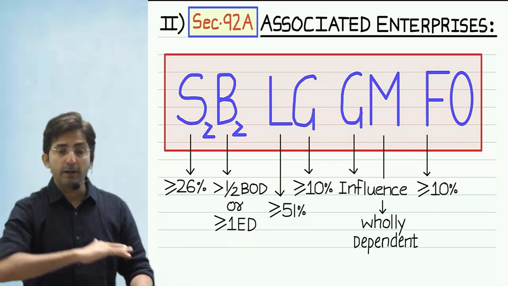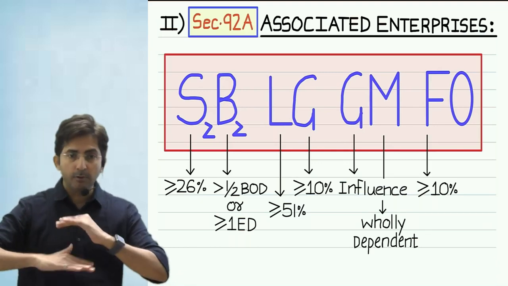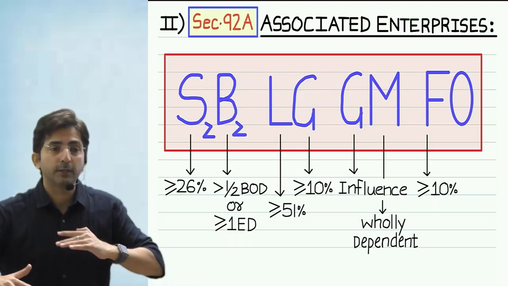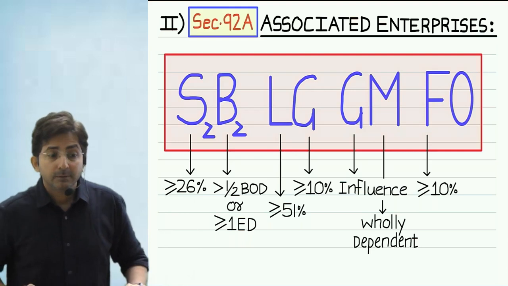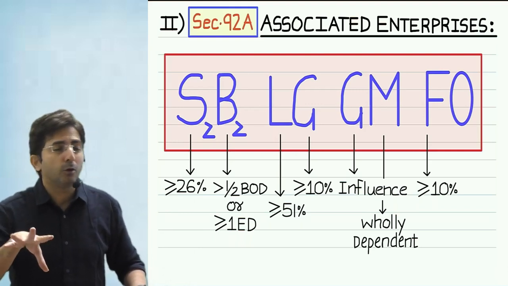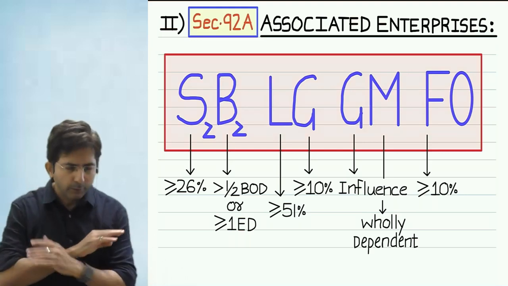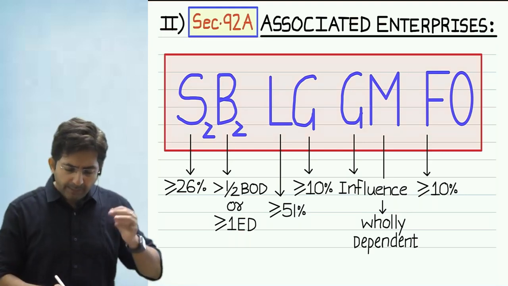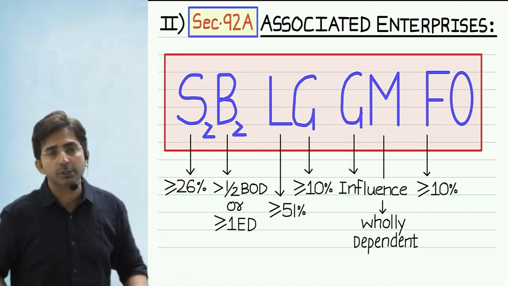So if law would have fixed a date, that 26% will be measured as on 31st March, on 1st April, people can manipulate easily. So since the law wants that you should not be able to manipulate, the law is so strict that at any moment during the whole year, if any one of these circumstances exist, there is an association.